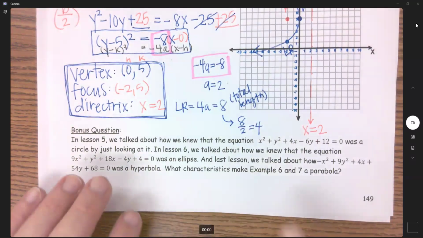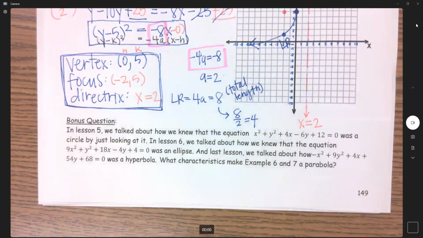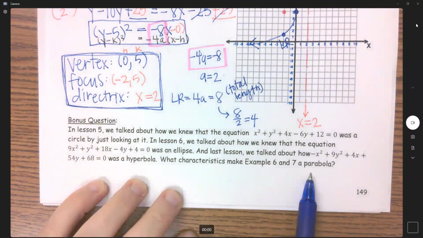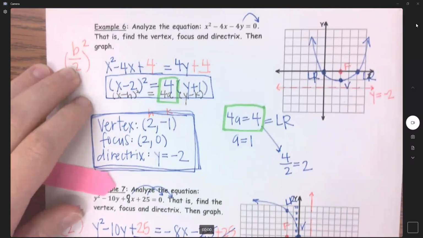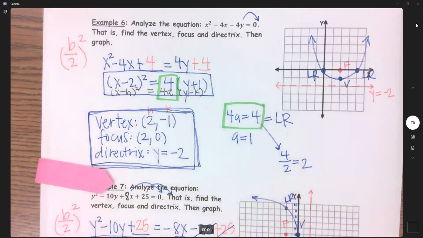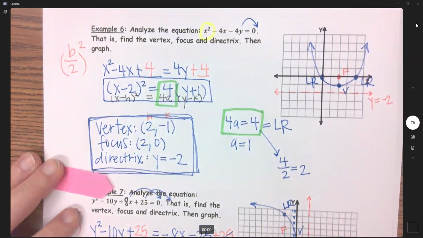What characteristics make 6 and 7 a parabola? And what made these two a parabola? We talked about it in the very first video when we were comparing all of our equations. The key here is how many squared terms do I have? This one has only an x squared.